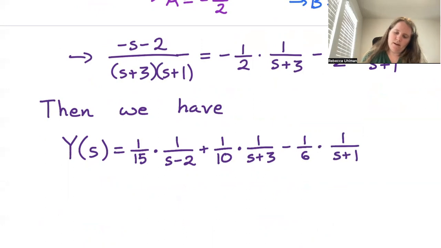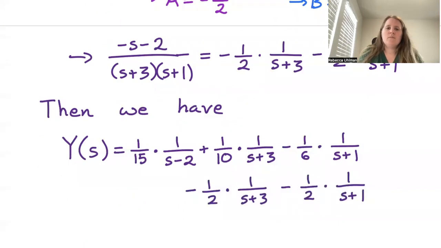And then we have minus 1/2 times 1 over s plus 3 minus 1/2 times 1 over s plus 1. Let me update my screen. So here I just put everything we found all together.